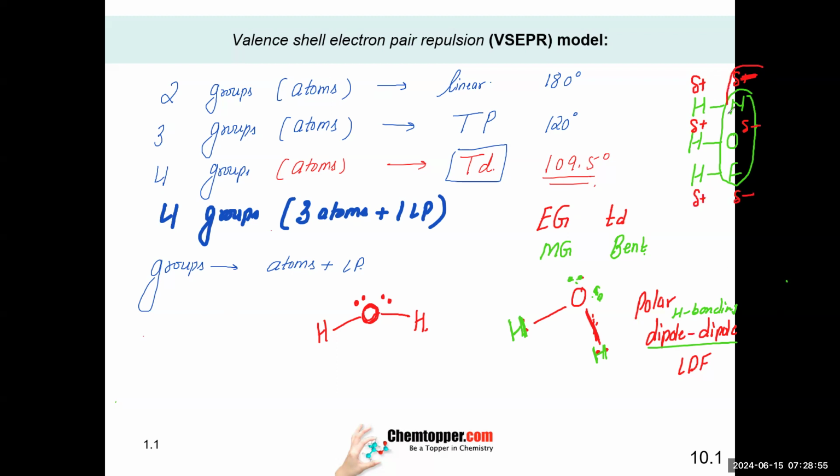These are very highly polar bonds. The dipoles are very big, special dipoles, due to the big difference in electronegativity. Only these three elements, when bonded to hydrogen, can show hydrogen bonds. Water has hydrogen bonds. That's why water is liquid, stronger attraction. So these are the three attractive forces in water.